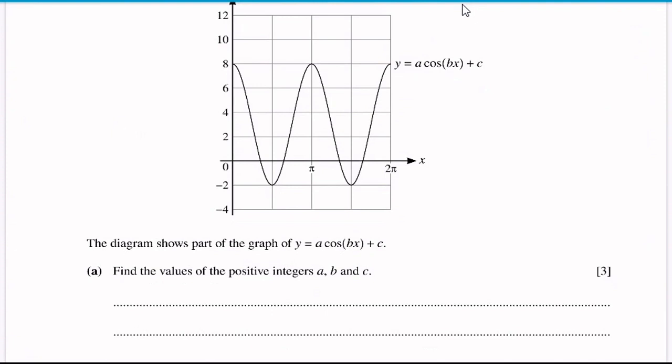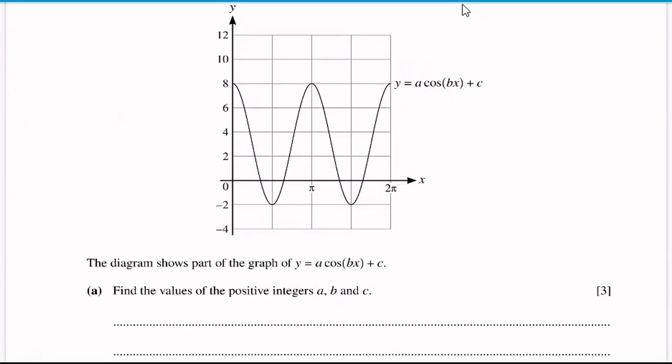For this one, find the values of the positive integers a, b, and c. It depends a little bit on our knowledge of trigonometry as well as transformation. It's very easy. We just need to identify what the amplitude is. So the amplitude here, we have from 8 to negative 2, so the amplitude should be 5.